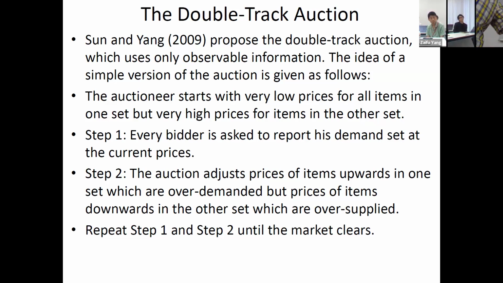Then on one side you have over-demand, and on the other side you have oversupply. The law of price adjustment is that you increase the price of over-demanded items and decrease the price of oversupplied items. So you have a double track, two opposite directions. One side is like a Dutch auction, the other side like an English auction. That's the rough idea.